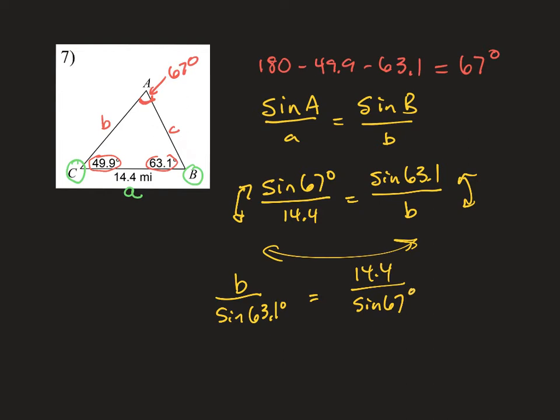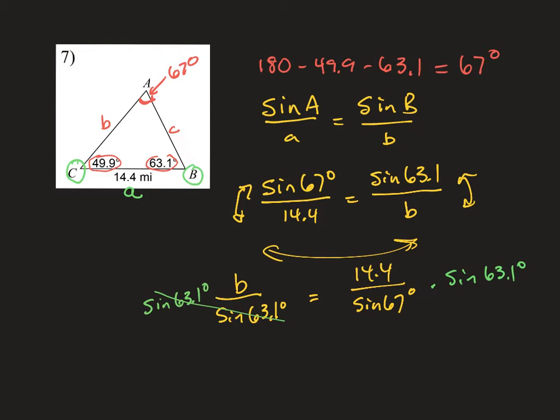And to solve this, all we're going to do is multiply both sides by the sine of 63.1. I'm doing this without hitting my calculator yet because I want to do it all at once. When I multiply by the sine of 63.1 on this side, those cancel out. And I'll multiply by the sine of 63.1 over here. Then we're going to be able to calculate what b equals.